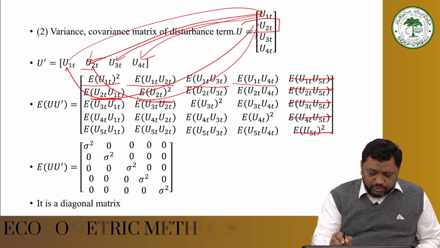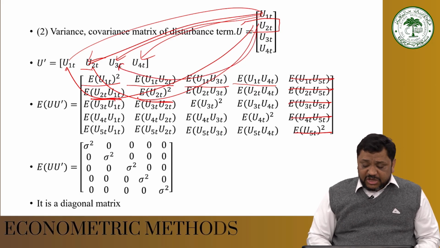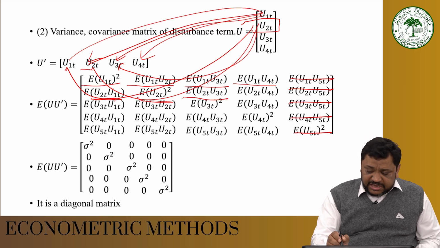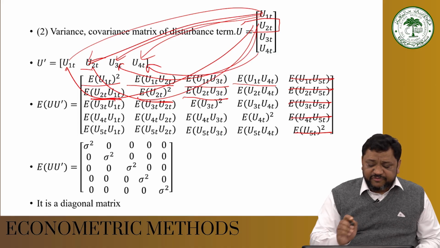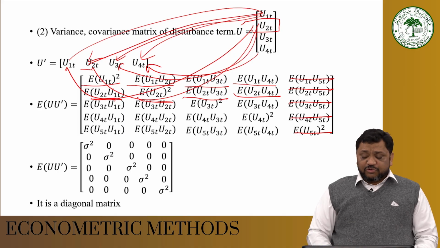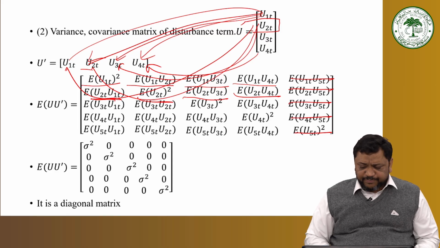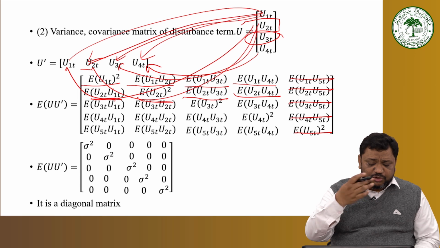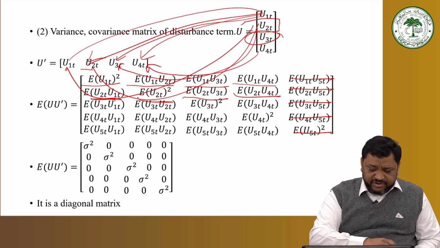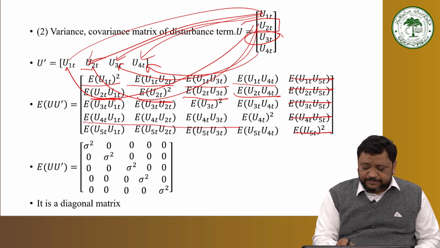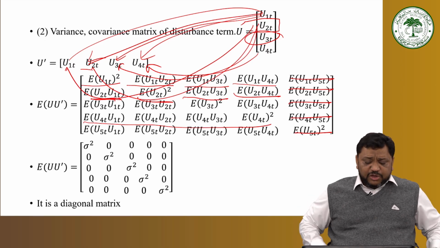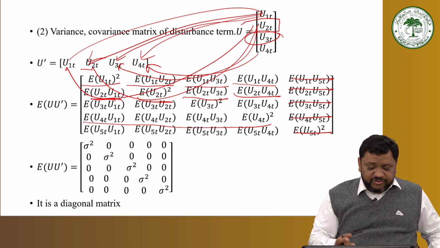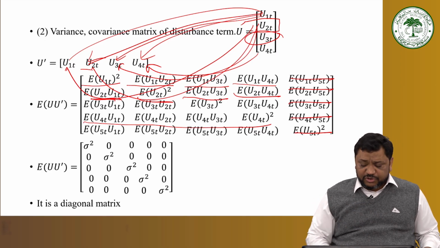Then U2t multiplied with U3t gives the expected value of U2t, U3t, and U2t multiplied with U4t gives the expected value of U2t, U4t. We do the same thing with U3t and U4t, multiplying each with U1t, U2t, U3t and U4t of the transpose.